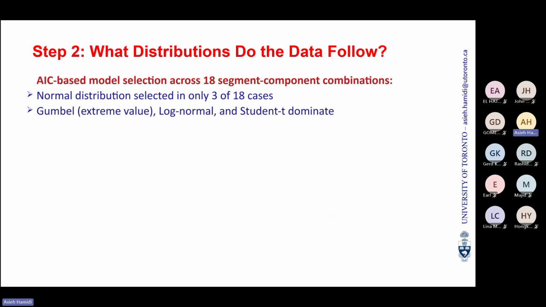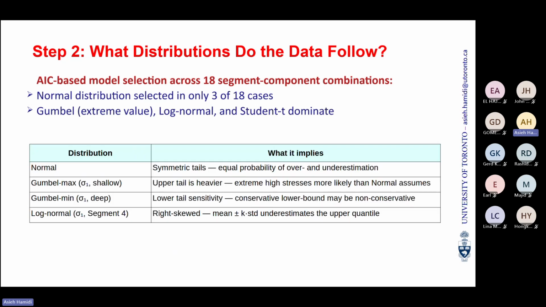The next step is what distribution our data have. We are not enforcing our model to follow a normal distribution. We let it decide what distribution it has, and we test it with some indices and metrics. The model says that the most dominant are Gumbel for mean and max tails, and log normal.